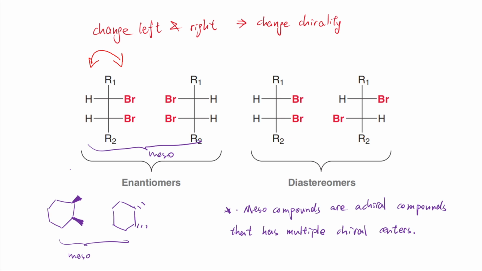One is the biggest atomic number. From here we can see that oxygen is the biggest atomic number connected to this carbon, so we label it one, and hydrogen we label four because it's the smallest atomic number.